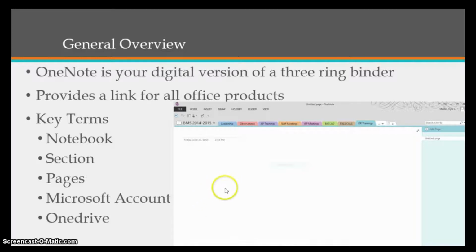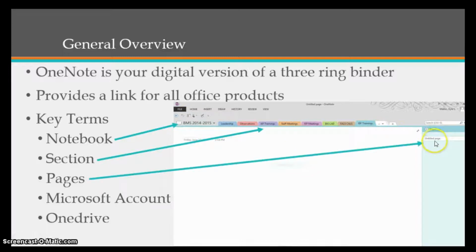Again, just like a 3-ring binder, you have your notebook, you have your sections, you have your pages within those sections. And with OneNote, it can all be connected through your Microsoft account. Now eventually Baltimore County is going to have your regular email address as a Microsoft account.